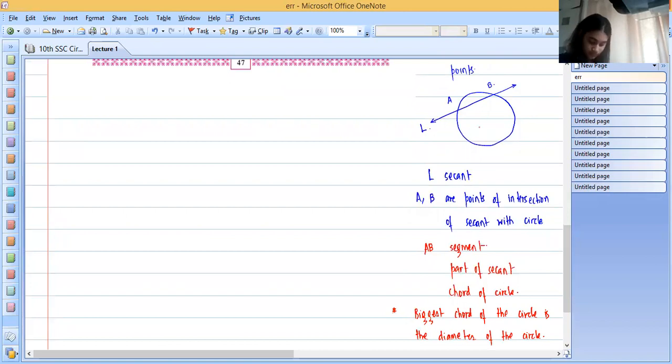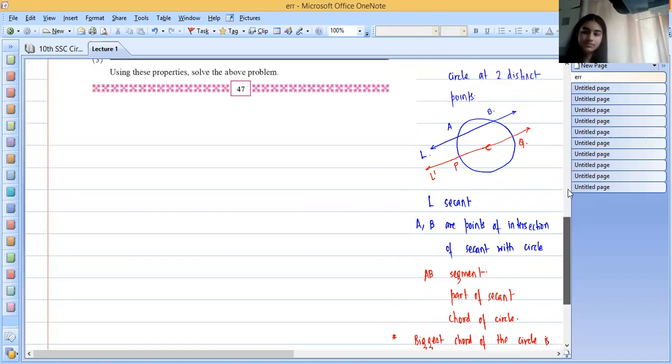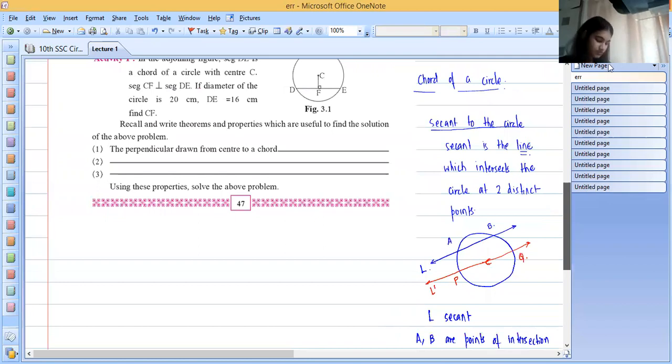So suppose C is the center of the circle. Then suppose you have a line L prime passing through the center of the circle. Then if it is intersecting the circle at P and Q, then PQ is the diameter.